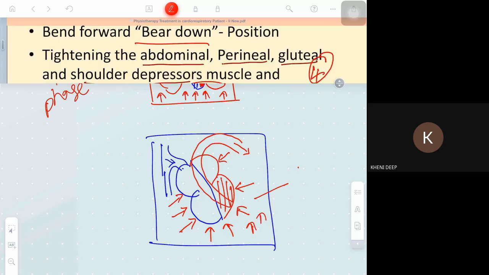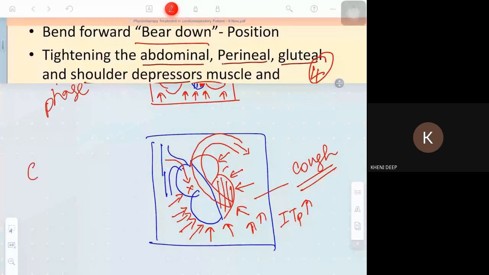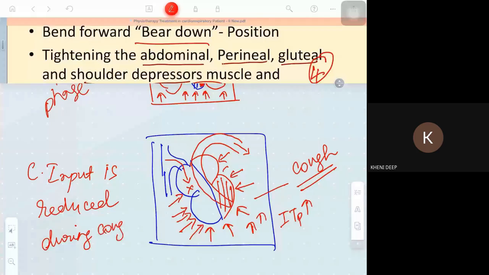During cough, intrathoracic pressure is increasing. So this will restrict the cardiac input. Because there is pressure from outside, blood cannot reach the right atrium. In other words, cardiac input is reduced during cough.